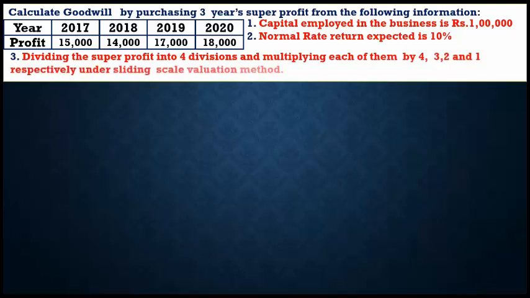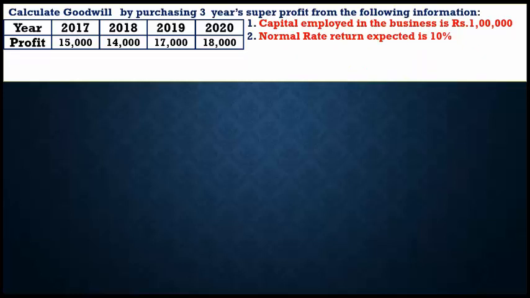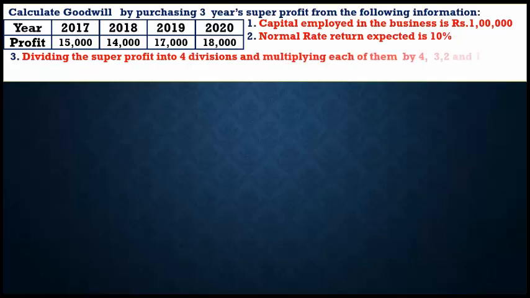That's why dividing the super profit into 4 divisions and multiplying each of them by 4, 3, 2 and 1 respectively under sliding scale valuation method.